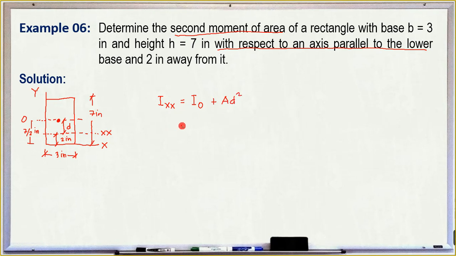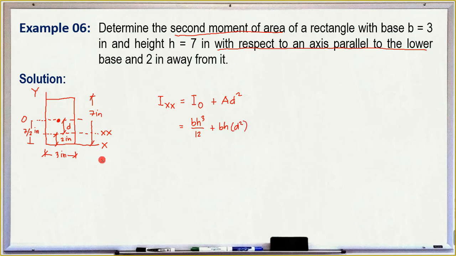plus the area of this rectangle times the square of its distance. So again, we know the moment of inertia for a rectangle along its centroid is BH cubed all over 12, and then plus the area of the rectangle, which is base times height, and then we have D squared.